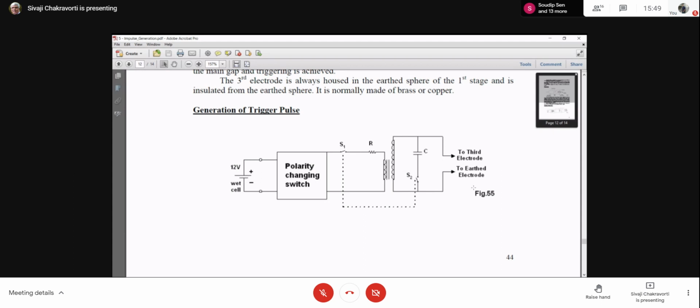So again there will be induced EMF on the secondary. But now S2 is open. So this capacitor is disconnected. So whatever be the voltage that is generated, now that will go to the third electrode. And this will be a pulse type in nature, because this change of flux is only a pulse type. It is a unipolar change of flux.